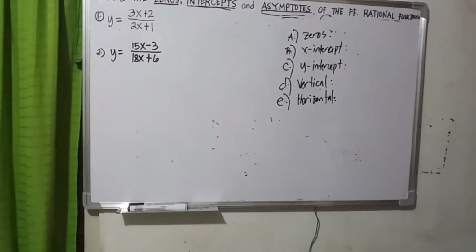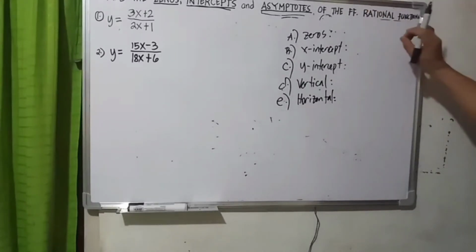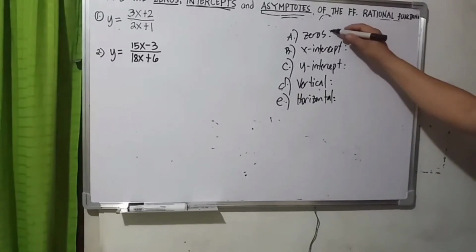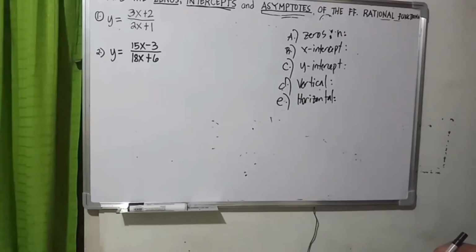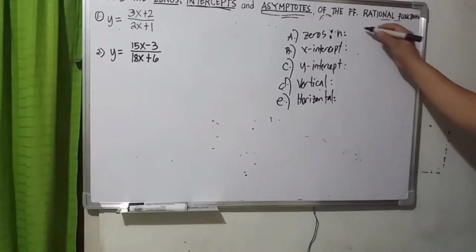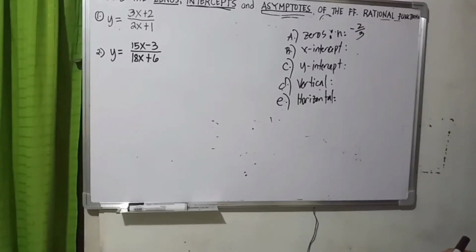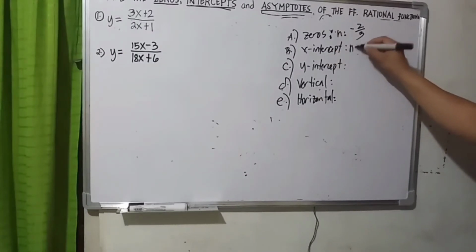Okay. Pag zeros, ang hinahanap natin, saan na tayo nakabase? Sa zero sa numerator. Sa numerator, so that is 3x plus 2, that is equivalent to negative 2 over 3. Sa x-intercept, nakabase tayo sa numerator pa rin.